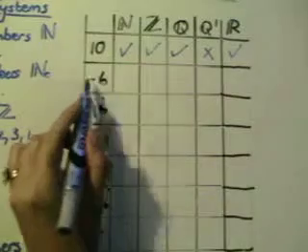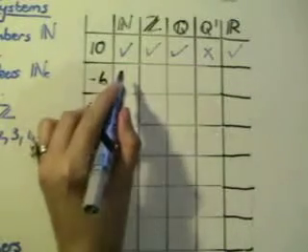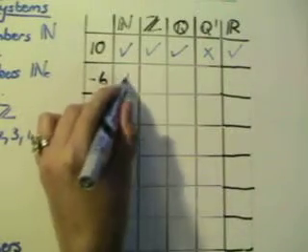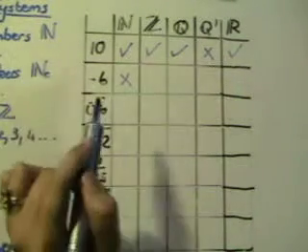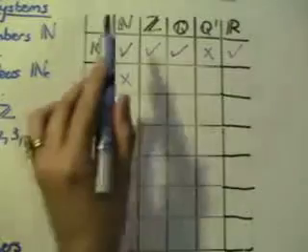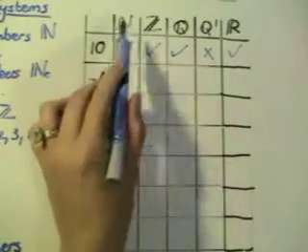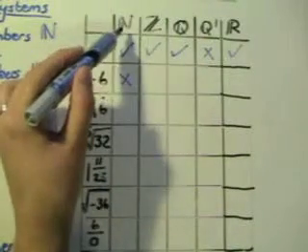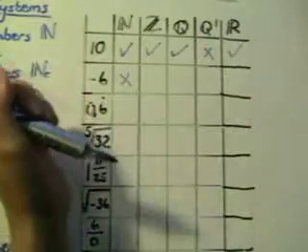Right, then for -6, this is not a natural number, because the natural numbers are only the positive numbers. You will see I didn't include the whole numbers, the one with the 0. I didn't include the whole numbers because it's pretty much the same as this one, it just has the 0 added.